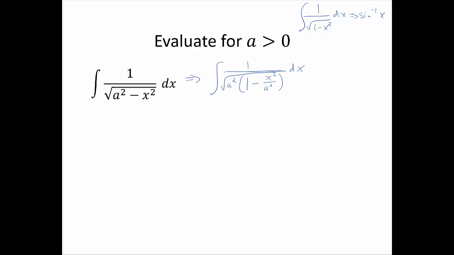And now, using that same idea as we saw previously, I can rewrite this as the integral of 1 over, and since I've got the square root of a product, I can break that up. The square root of a squared is a, and I'd still have the square root of 1 minus x squared over a squared, still dx.